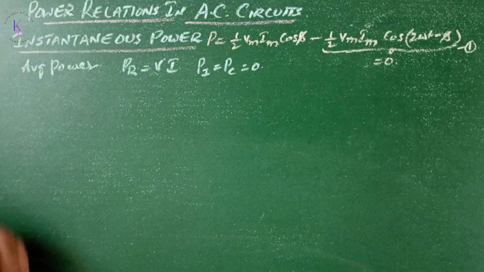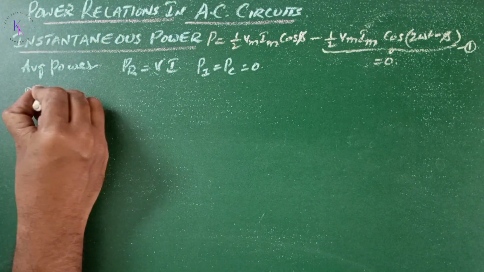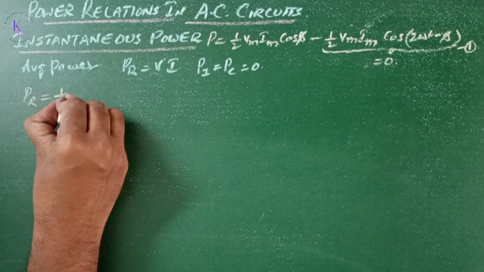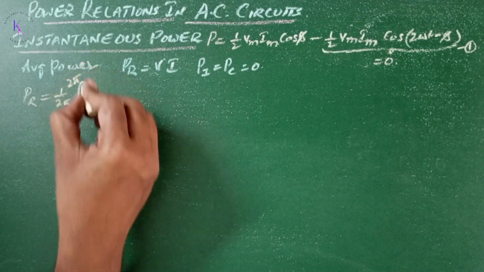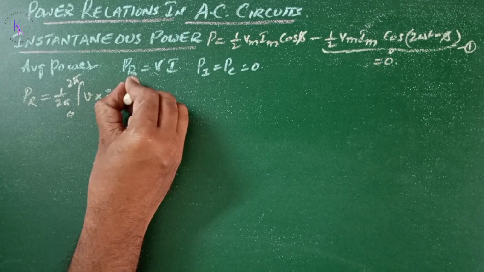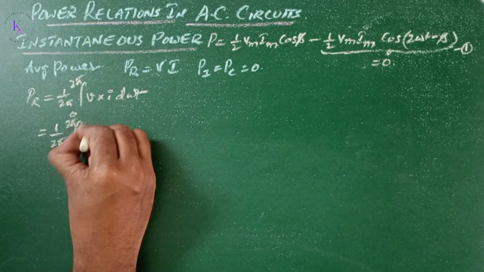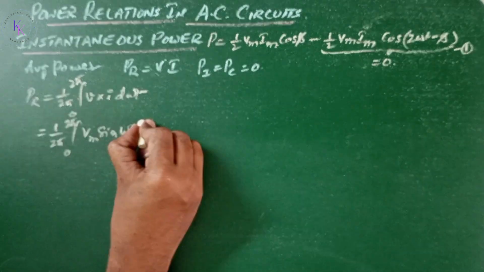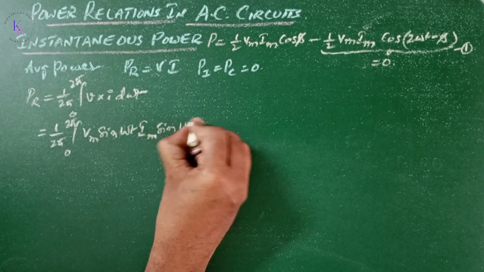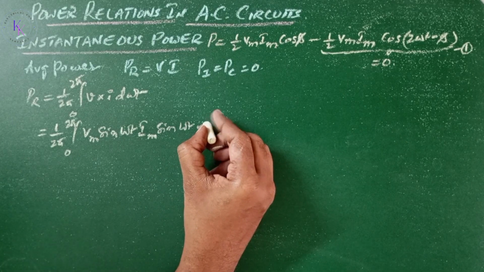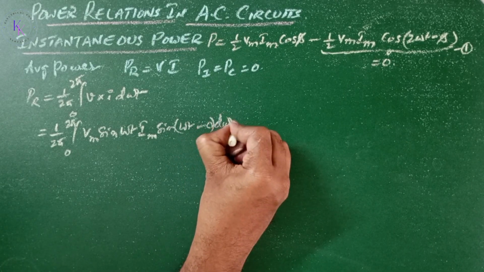Now in the case of a resistive circuit, P average for a resistor is given by 1 by 2 pi integral 0 to 2 pi, for a complete cycle, of VI d omega t, which equals 1 by 2 pi integral 0 to 2 pi of Vm sin omega t times Im sin(omega t minus phi) d omega t.